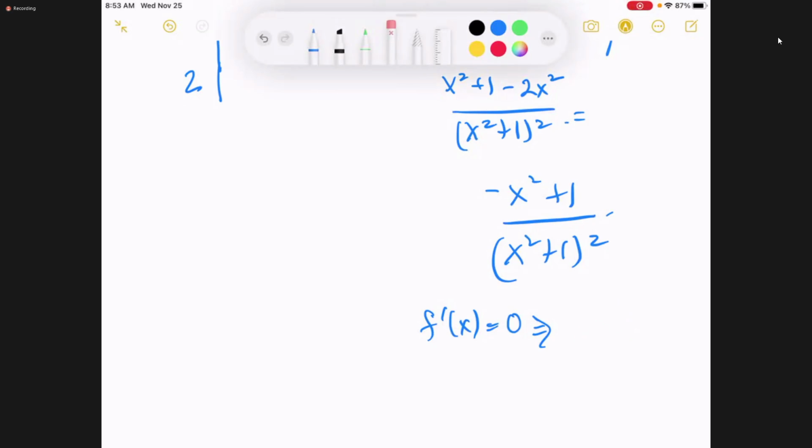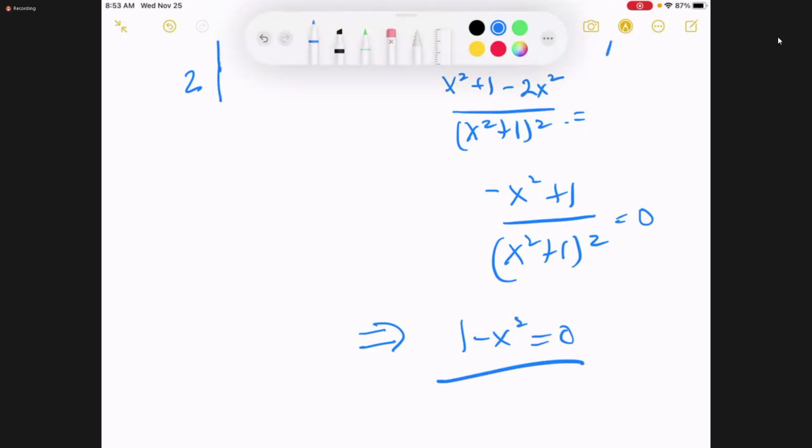All right. The only way this can be equal to 0, can we write that? That equal to 0 is that the numerator is 0, right? Because the denominator is never 0. In fact, the only way a fraction can be equal to 0 is for the numerator to be 0 and the denominator not to be 0. Okay, well, the denominator is never 0. So this implies, I think this is what you're getting at, this means I need to solve that.